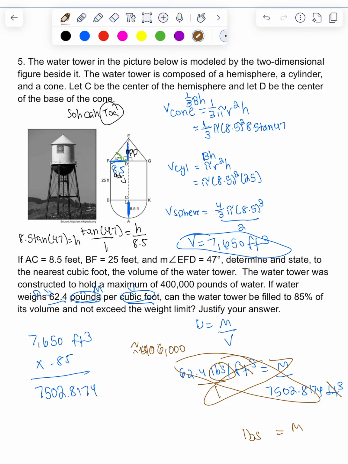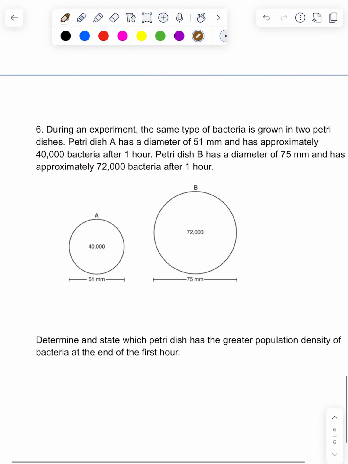So no matter which way you round it, it's going to be over the maximum of 400,000. So no, it will exceed the weight limit if you fill up this water tower to 85% of its total capacity. They've got to fill it up less.